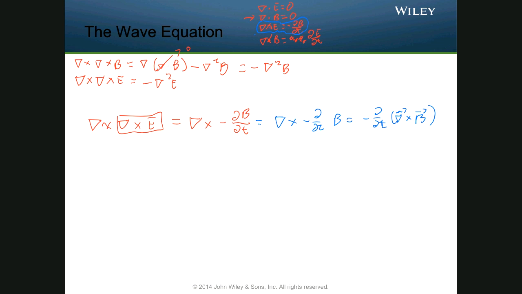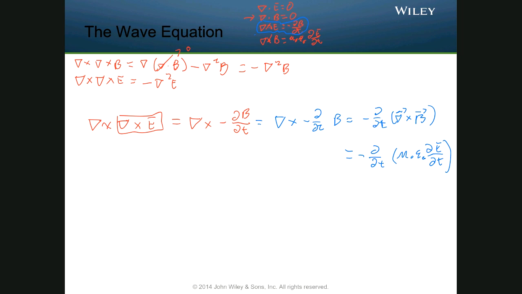We can write this as equal to minus d/dt of mu naught epsilon naught dE/dt. I forgot those constants. Now keep in mind here, your E's are your electric fields and your B's are your magnetic fields.